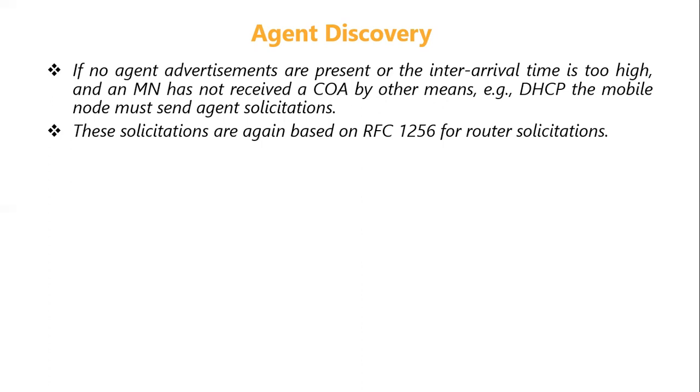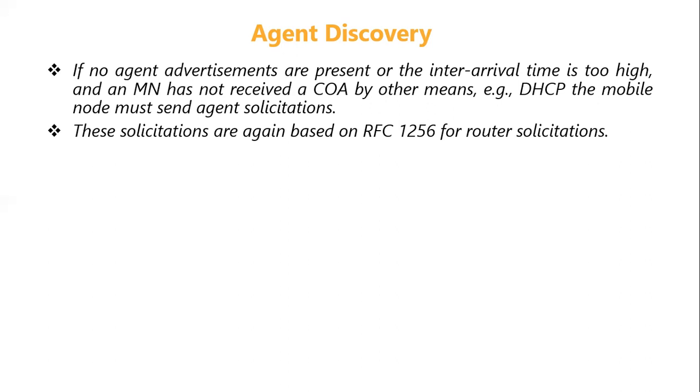If a node does not receive an answer to its solicitation, assume a node is sending a solicitation message but there is no response, then it must decrease the rate of solicitation exponentially to avoid flooding. Initially, if the agent is not advertised, then the mobile node will send the solicitation message.